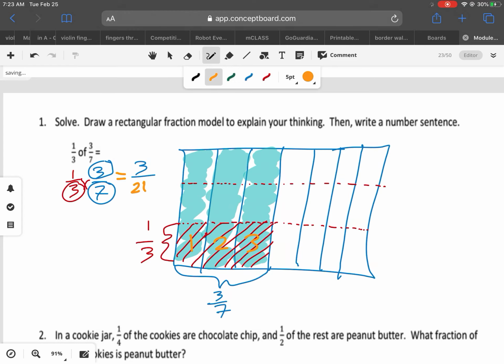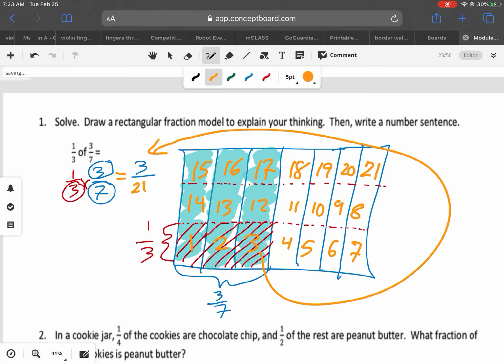How do I know that? Again, there's 1, 2, 3 here, and there's 4, 5, 6, 7, 8, 9, 10, 11, 12, 13, 14, 15, 16, 17, 18, 19, 20, 21 total.